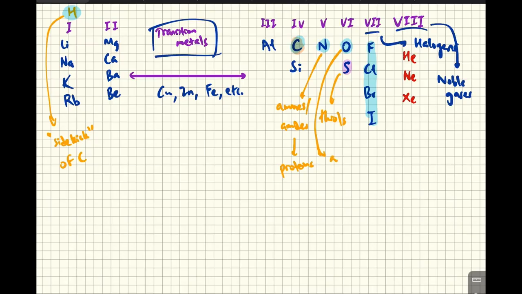It's found in alcohols, carbonyls, and in other compounds like ethers. So this is an overview of the important elements in organic chemistry. Carbon and hydrogen are the top two that you focus on in this whole topic.